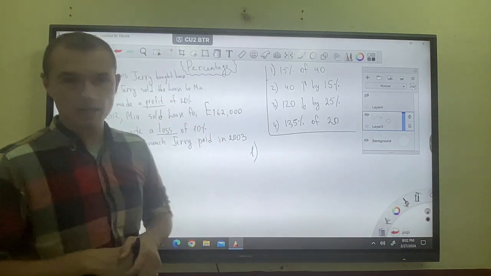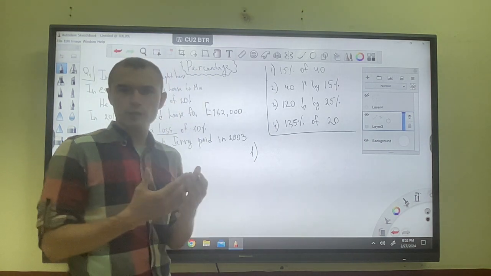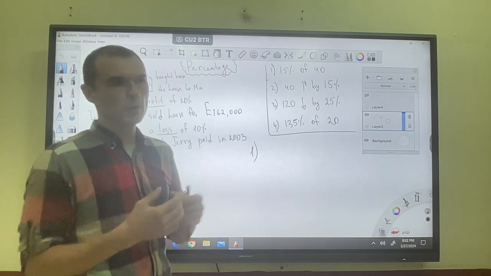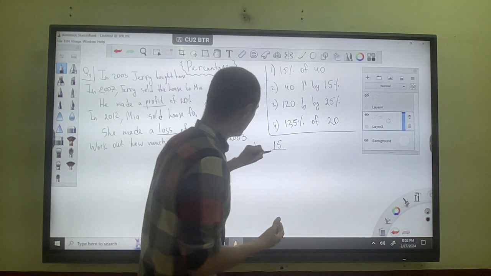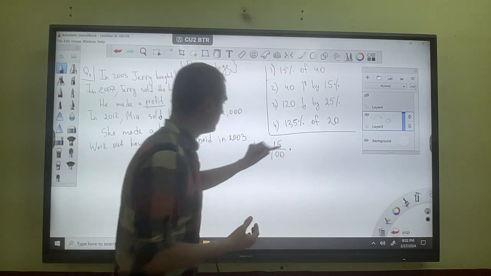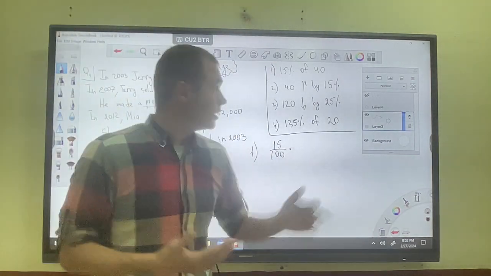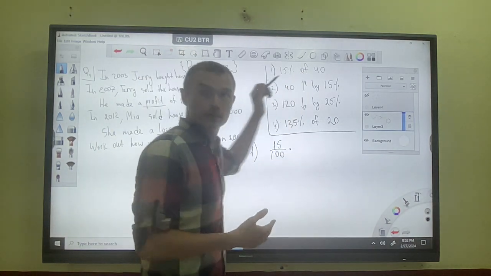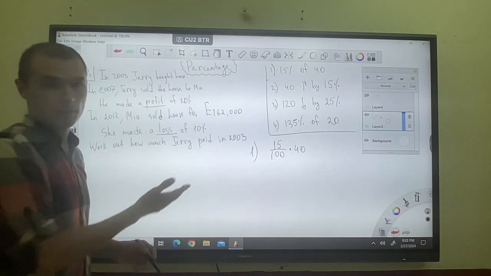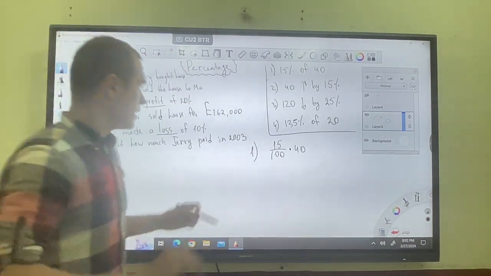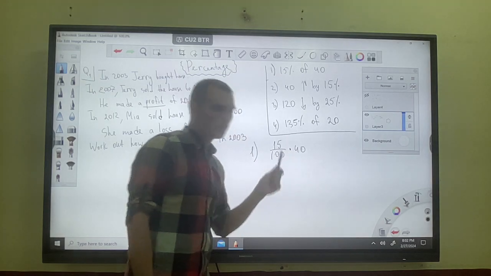15% of 40. The first step, of course, is to structure how to find it. First of all, we need to understand that as a fraction, 15% is going to look like 15 over 100. And then we need to multiply by what? By the number we're looking for 15% of. So if we're looking for 15% of the number 40, we need to multiply by 40. And then, do we know how to multiply a number by a fraction?